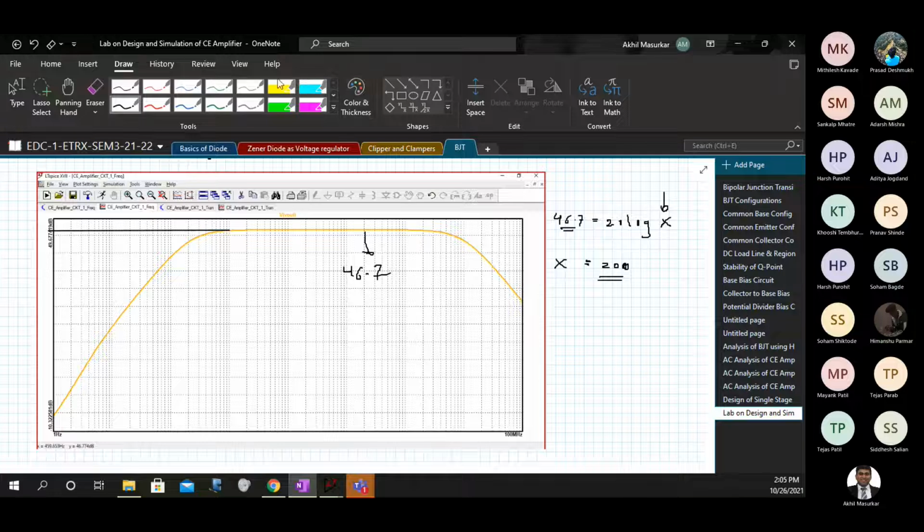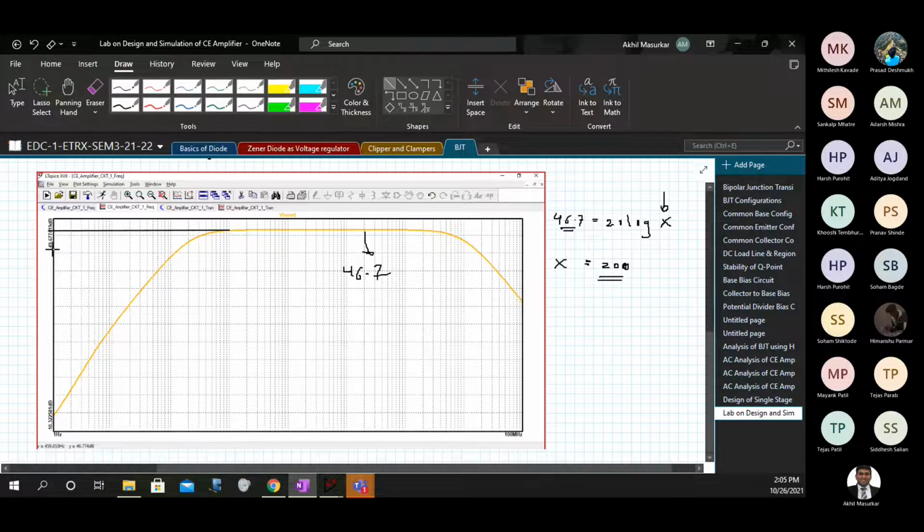If you want the bandwidth, then we have to draw a line parallel to the maximum frequency like this, and this line should be drawn 3 dB below the maximum. So if this is 46.7, this should be 43.7.